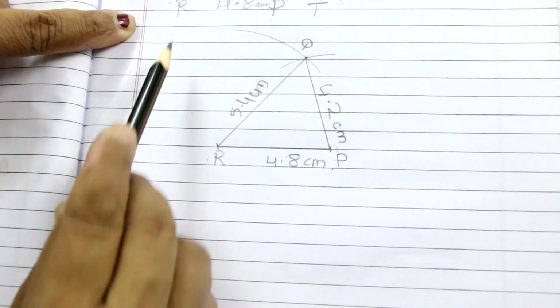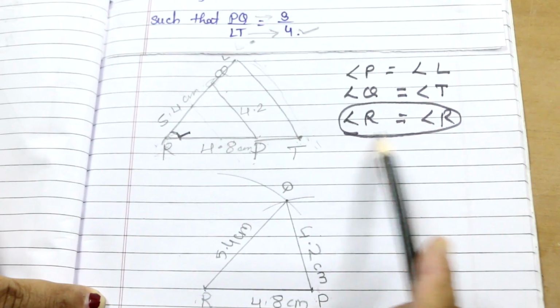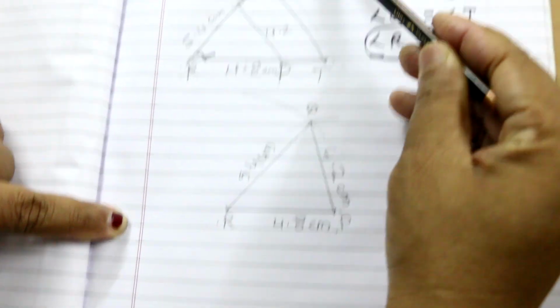Now this is 5.4 centimeter, QP is 4.2 centimeter. Okay, now we need to draw RT. Since we have a common angle, we cannot do that construction. The ratio is given.